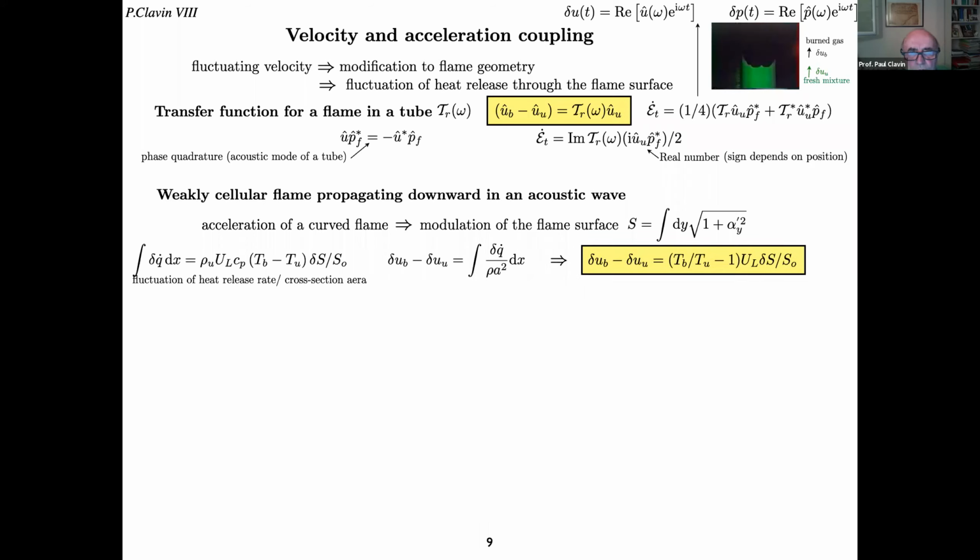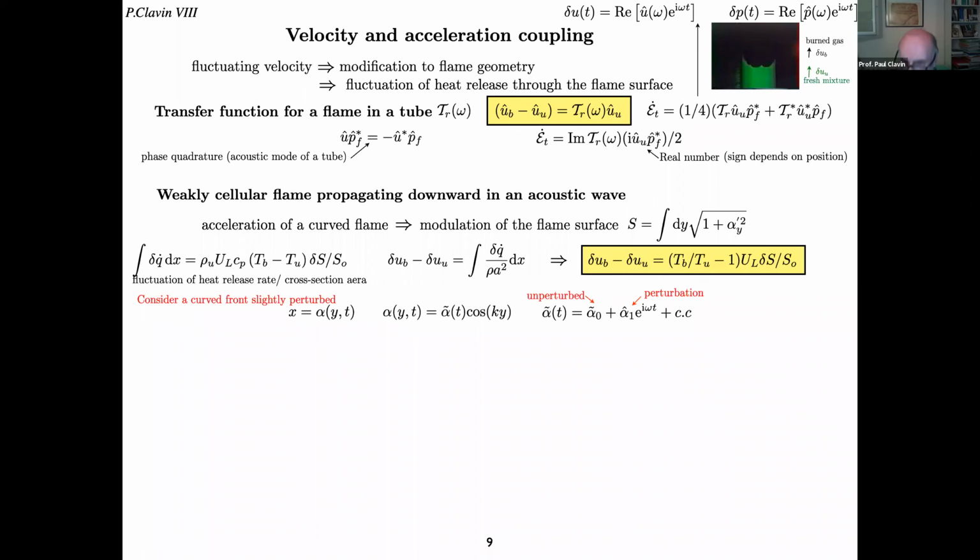So using this relation, you obtain very simply the transfer function as soon as you know delta S in terms of delta U. If you know delta S in terms of delta U, now you have this relation here.